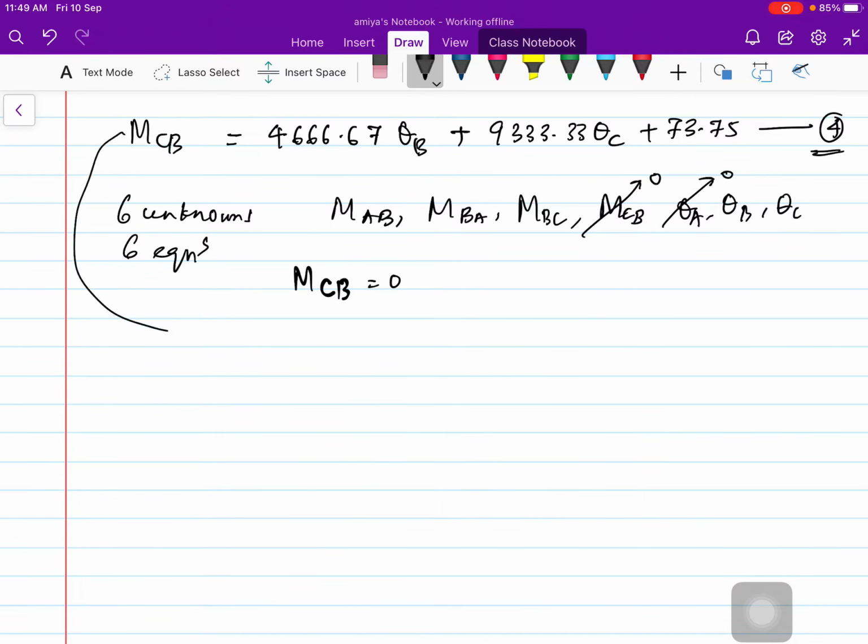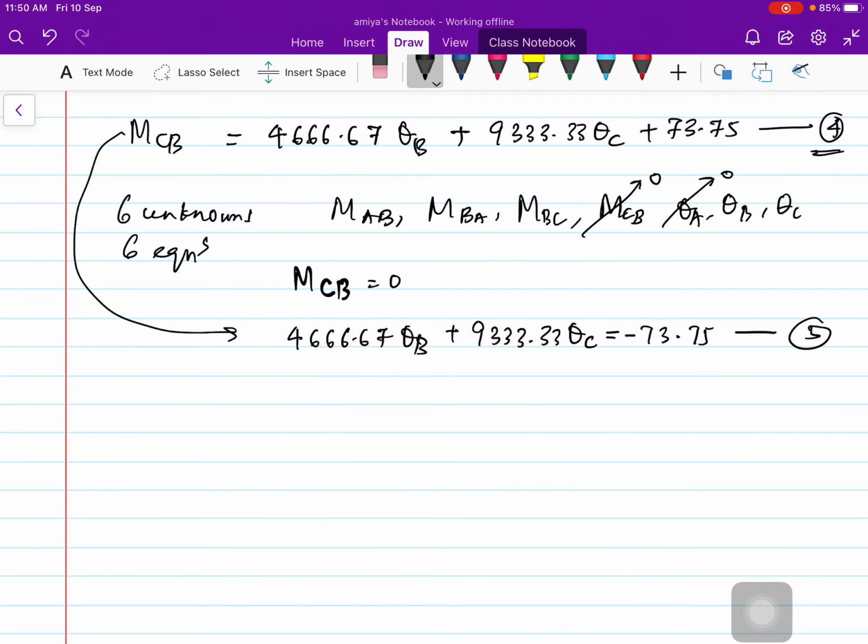I can write this here: 466.67 theta B plus 9,333.33 theta C plus 73.75 is equal to 0, because MCB is equal to 0. Taking this to the right side, this is equal to minus 73.75. So this gives me equation number 5.